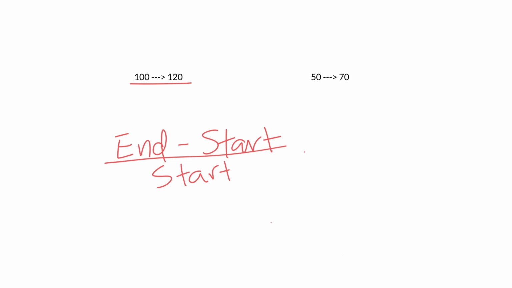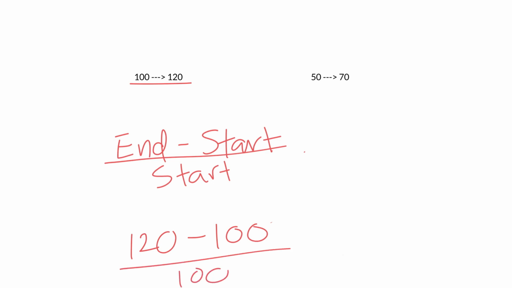So we went from 100 to 120, so we ended up at 120 minus 100, and then we're going to divide by 100. So looking at that, the difference on the top here, 120 minus 100, is going to give us 20 on top, and then divided by 100.